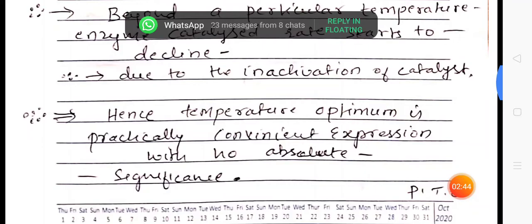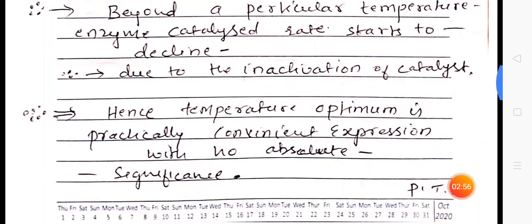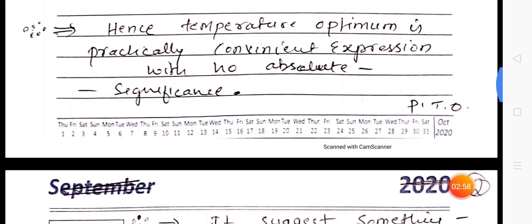Hence the temperature optimum is practically convenient to express, with no absolute significance. The temperature optimum is only for practical purposes, to make you understand. So no absolute significance is there.